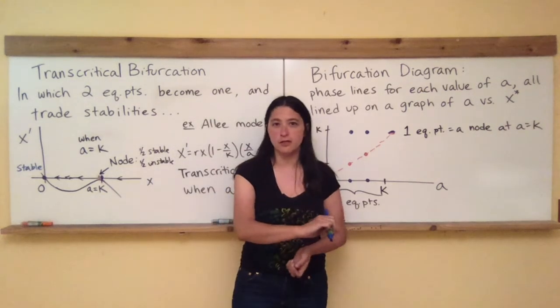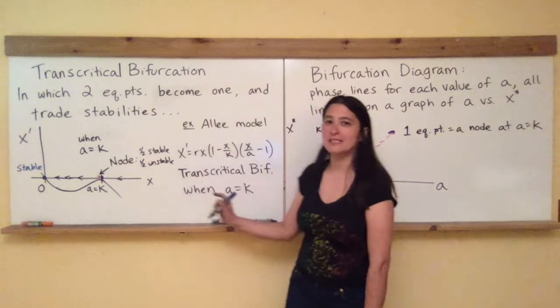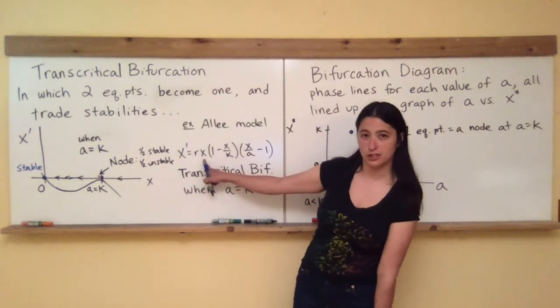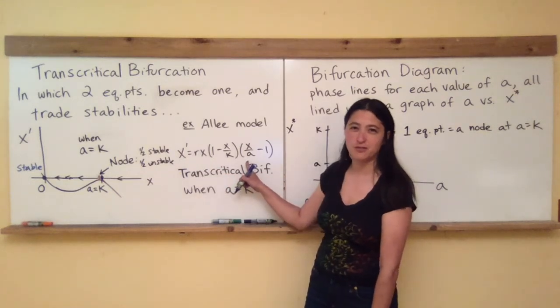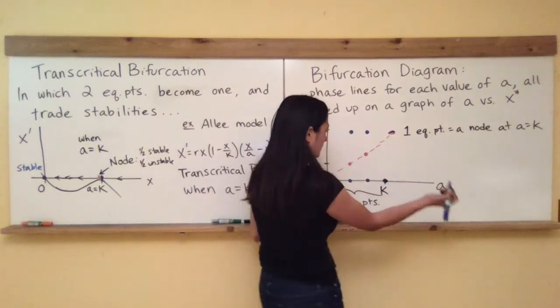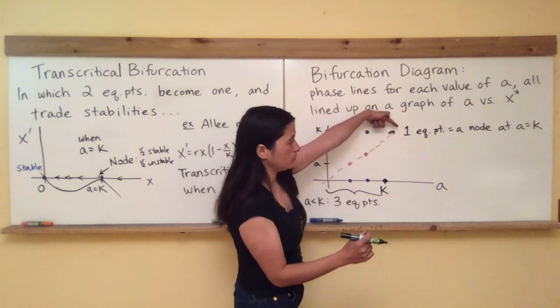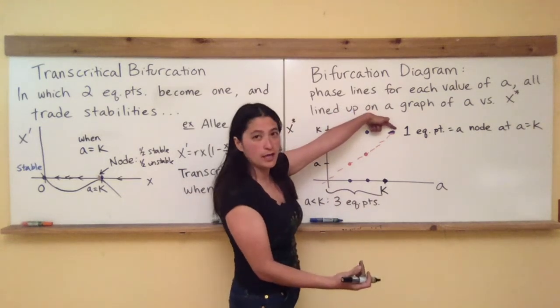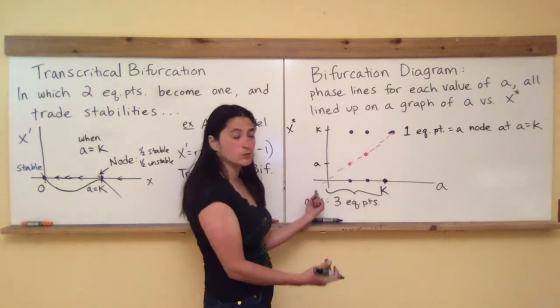Do I still have my 0 point? Okay, yeah, I still have the point at 0 because that 0 root is occurring due to this term here. And you see, I'm not really messing with this term. I'm just messing with this one over here. So I still have that 0 point being the same as it ever was. And so really what I have is this one equilibrium point here, a node at A is equal to K, plus this same equilibrium point here at X equals 0.